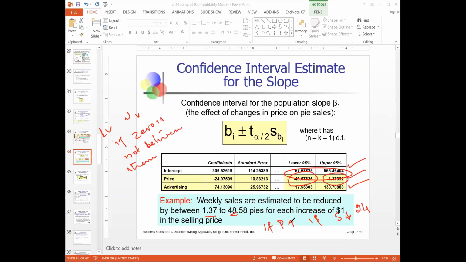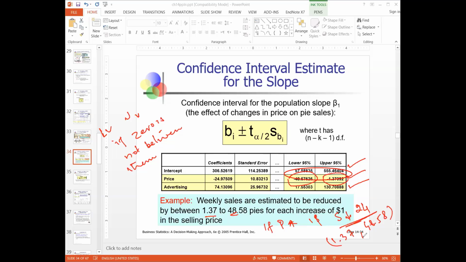But since we are estimating it, there is an upper limit and lower limit to this decrease. It could decrease as low as 1.37 and as high as 48.58.